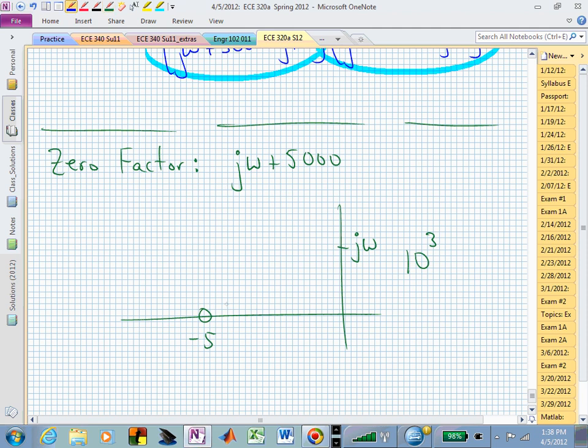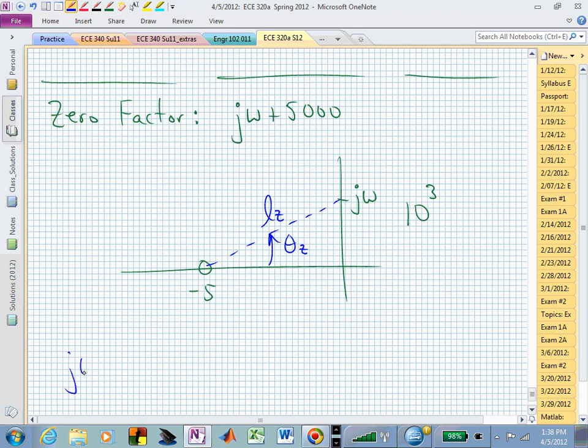What I'm saying is I now have this length, L sub Z, and this angle, theta sub Z. Meaning I take this j omega plus 5,000, and suppose I start right here, and if I now move 5,000 to the right, I'm going to go there.